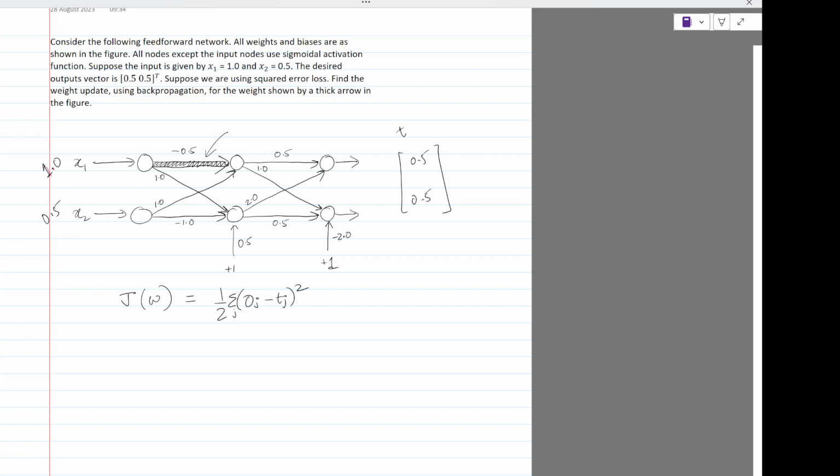But we are asked for the weight update for this layer. I can say that this particular weight is W1 1 1, from the first input node to the first hidden layer node. So I have to compute the partial derivative with respect to W1 1 1. I think this was also derived in the class.